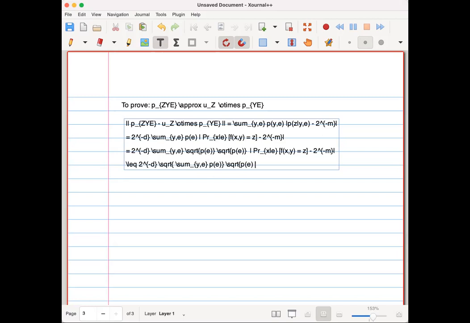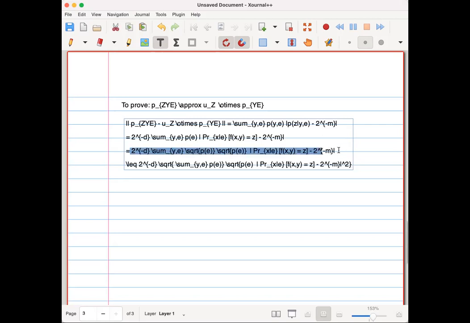And now this will become the same thing squared, and there's an overall square. So far so good. This is the application of Cauchy-Schwarz. I did not understand the last step. Okay, let's look at this.